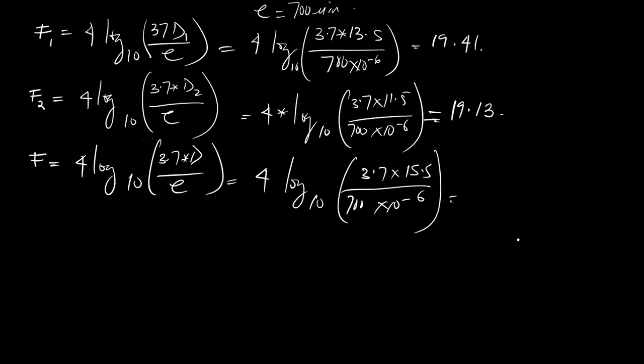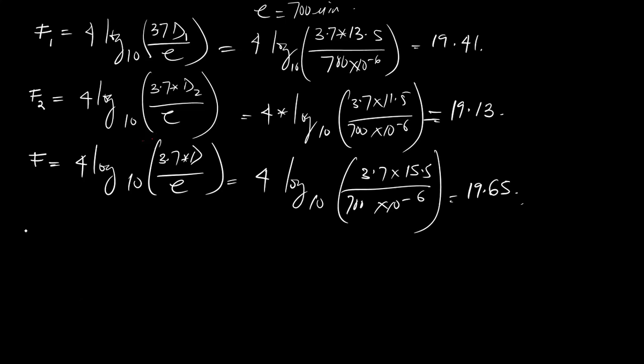So we now have 4 times log of 3.7 times 15.5 divided by 700 times 10 raised to minus 6, bracket close, equal to 19.65. So it's approximately close.